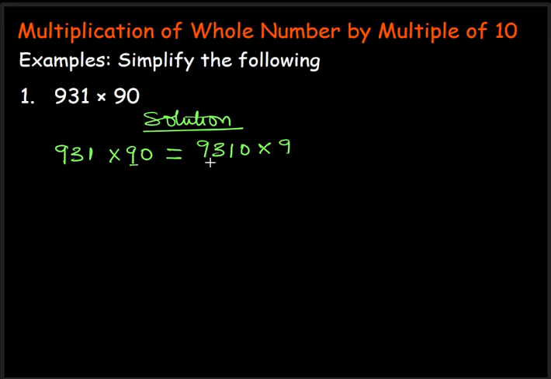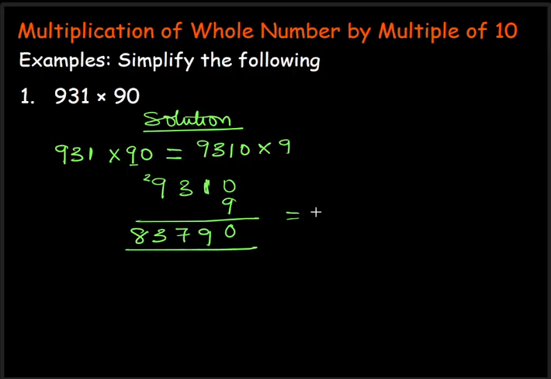So we can multiply it this way, and that will give us 9310 times 9. 9 times 0, 0. 9 times 1, 9. 9 times 3, 27. 7 carry 2. 9 times 9, 81. 81 plus 2, that will be 83. And you are done. So that will give us 83,790.